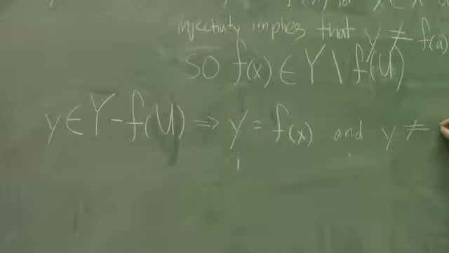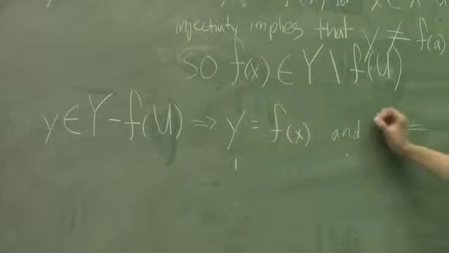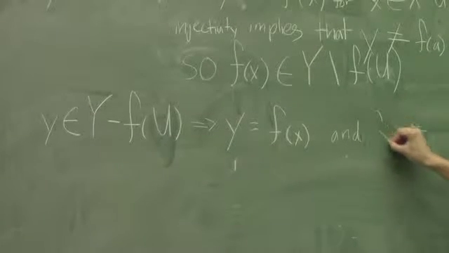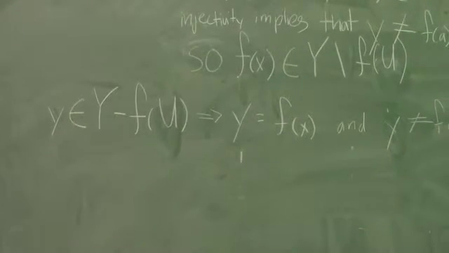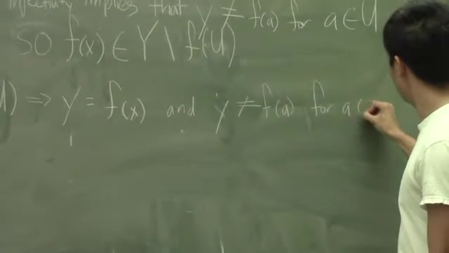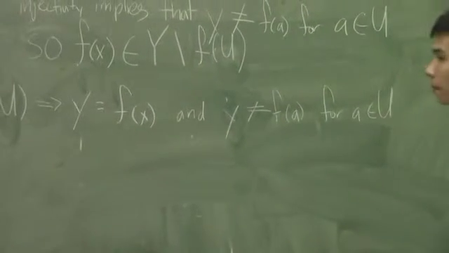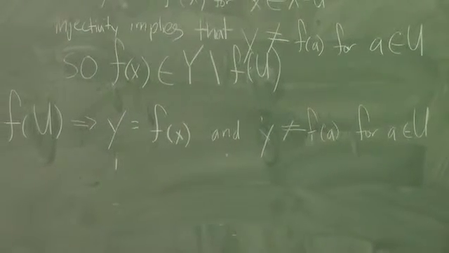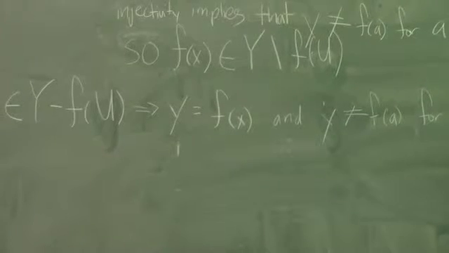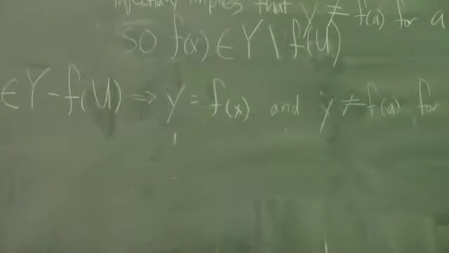So sorry, it's not f what? f of a. No, leave that. y is not equal to f of a, where a is in capital U. And maybe for the first part we should have written y equal to f of x for x in capital X, right?